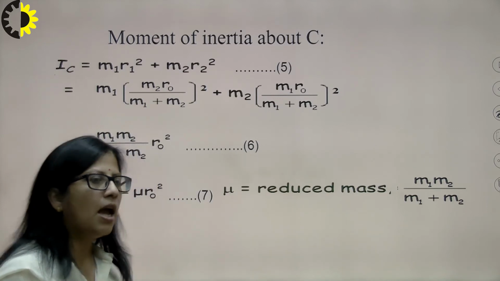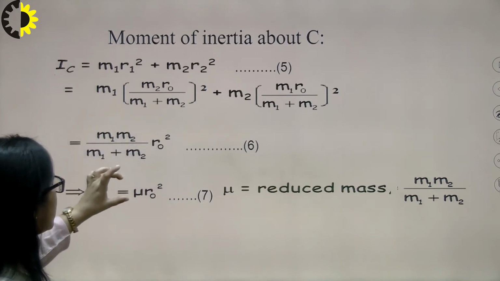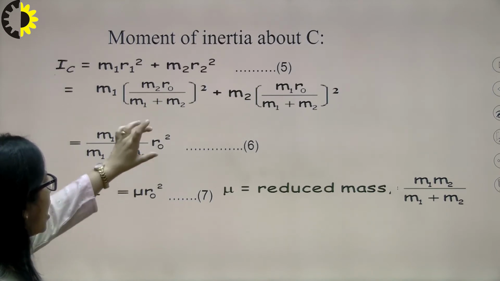So, as a result, our moment of inertia is going to become equal to mu r0 square.